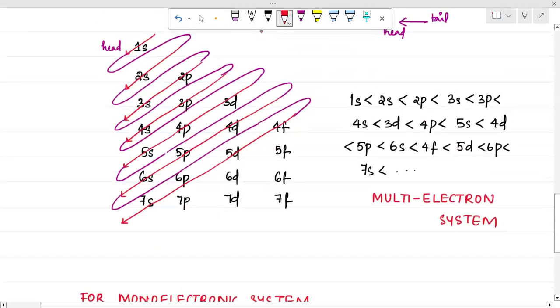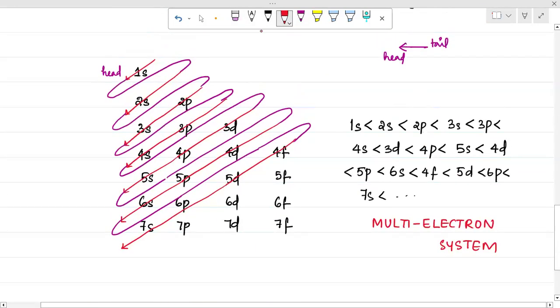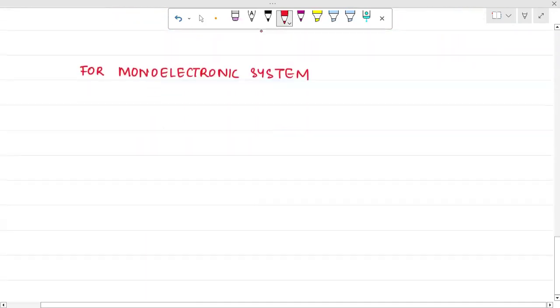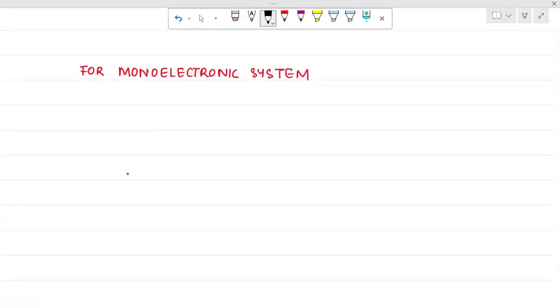For a monoelectronic system, mono means one, right? For a monoelectronic system, the order is entirely different. You need not draw this pattern. If you have a species which has got only one electron in it, then the energy order is very easy. 1s is the least.